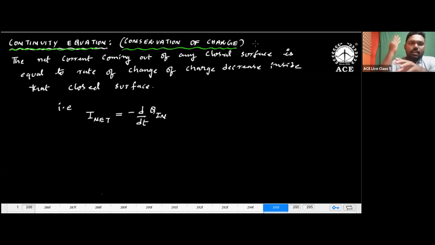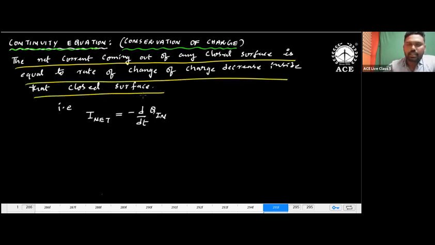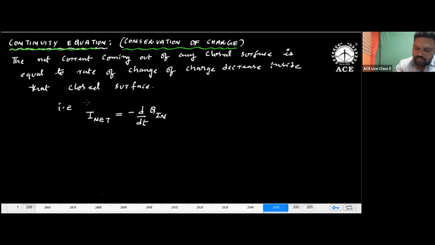So the 10 charges coming outside per second is nothing but a net flow of current, because charges are coming out from the closed surface. So read the statement here. The net current coming out of any closed surface is equal to the rate of change of charge decrease inside that closed surface. That is, I net is equal to minus d by dt of charge inside.